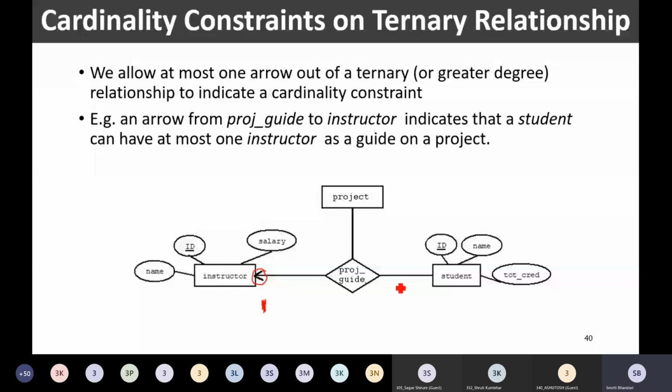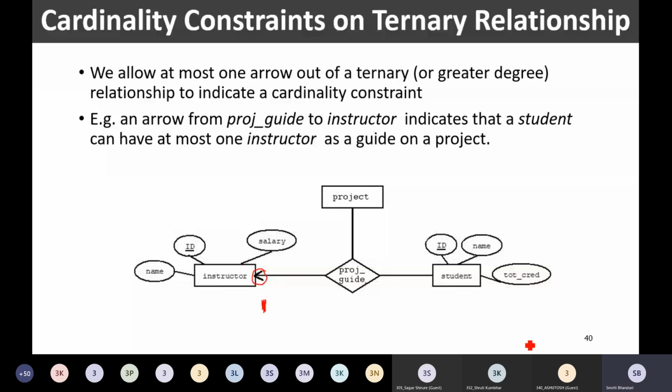So a student will be having at most one instructor. Why at most one? Because towards instructor it is indicating 1 with this arrow. Is that correct? Are you getting me? Any doubt?